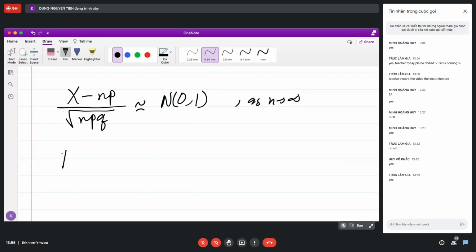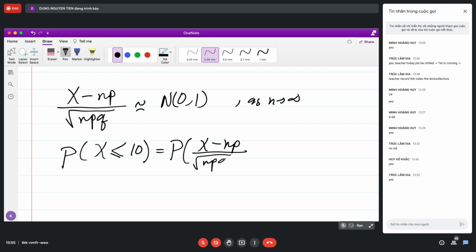Now, it means that if you have the probability that X is less than or equal to 10, then you can come up with the probability that (X minus np) over the square root of npq is less than, let's say, I don't have the equal sign here, just less than, all right? And then it gets (10 minus np) over the square root of npq.